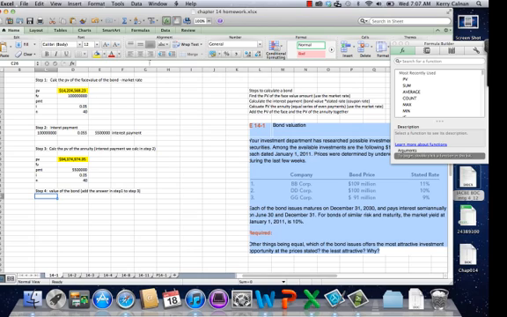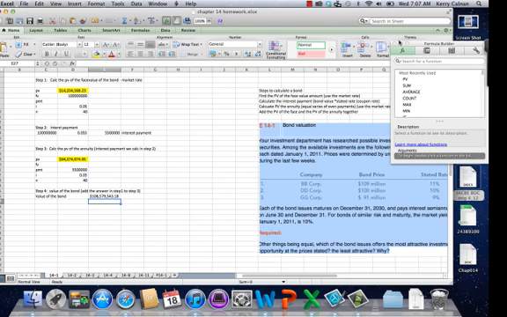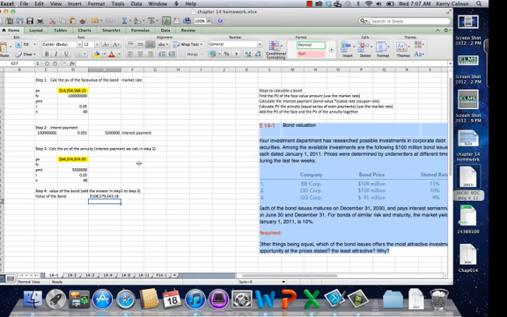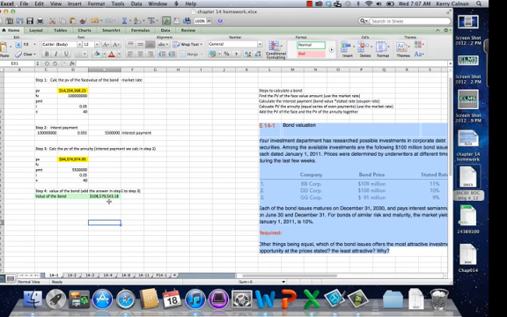So the value of the bond is this amount plus this amount. And that is our answer. So the value of this investment is actually $108 million.